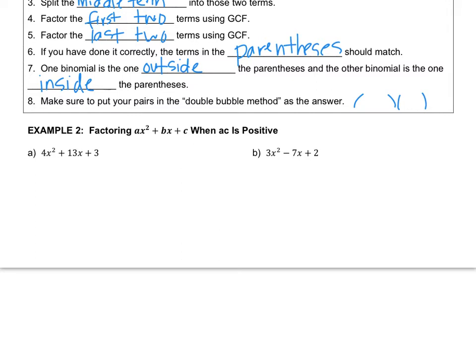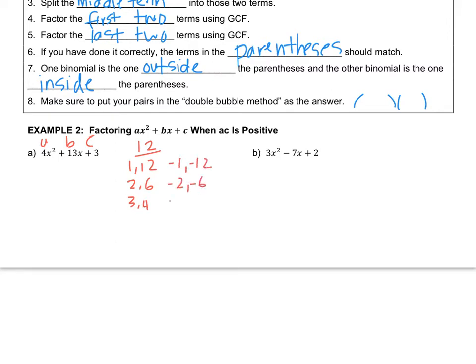Then the next step is to find the factor pairs of a times c. So if it goes a, b, c, then a times c would be 12, right? 4 times 3. So we need a list of factor pairs of 12. So 1, 12, right? 2, 6. This is from last lesson.